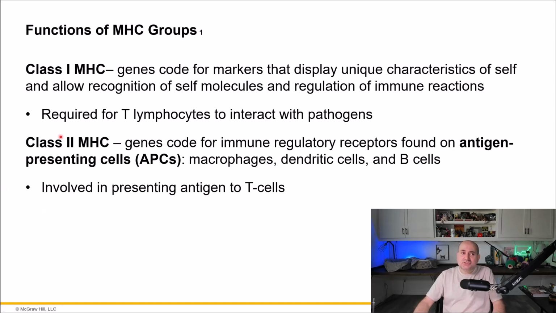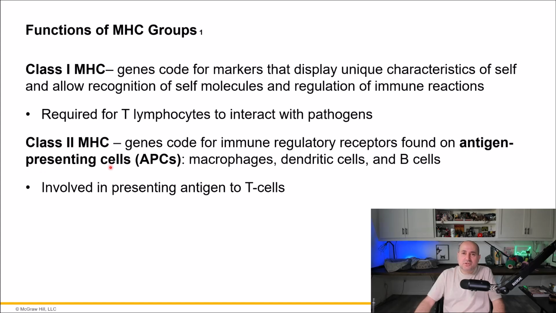Now, this is what I want you to understand. In addition to MHC1, the macrophages, dendritic cells, and the B cells also have MHC2. Okay, they also have a different surface protein called MHC2. And because of this, these three white blood cells, the macrophages, dendritic cells, and B cells, are called the professional antigen presenting cells.